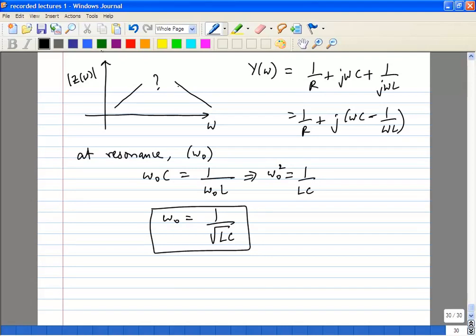Now another note, I want you to note that omega naught is the angular frequency and f naught is the frequency in hertz. I don't want you to confuse these two. This confusion is very common.